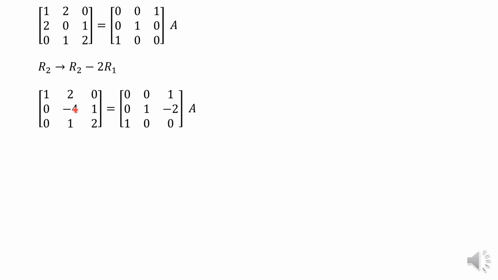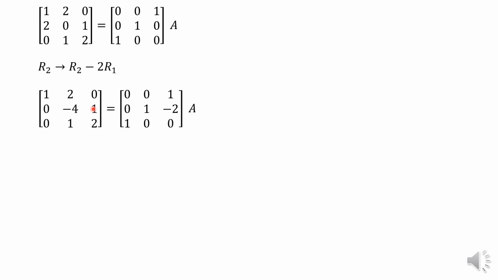In the case of finding rank, we need not bother about that, but here we have to make sure that every leading entry must be equal to 1. So to make this element 1, we can divide the second row by minus 4, so that minus 4 by minus 4 is plus 1. But if I do like that, this element becomes fraction, minus 1 by 4.